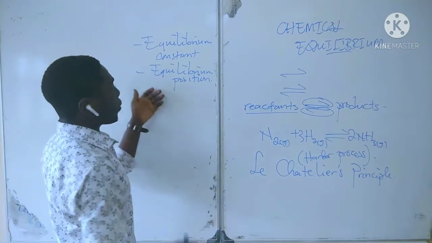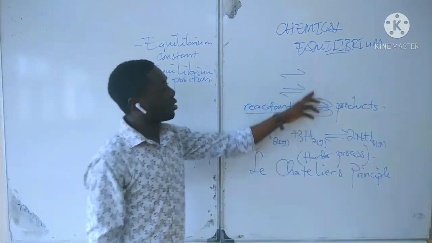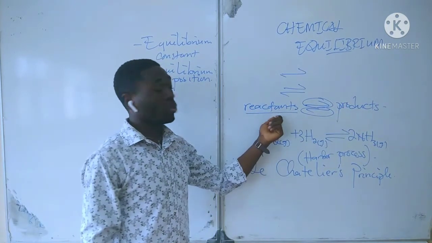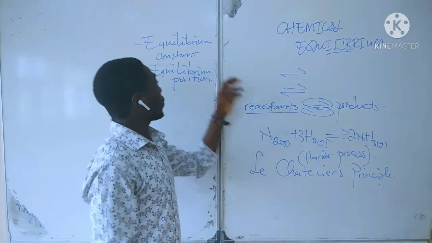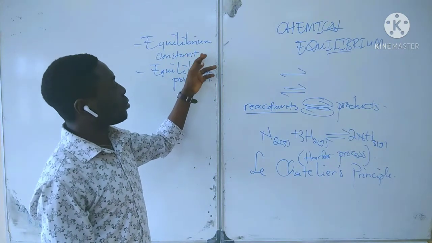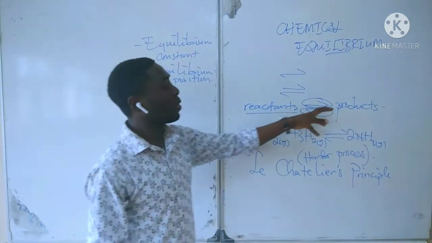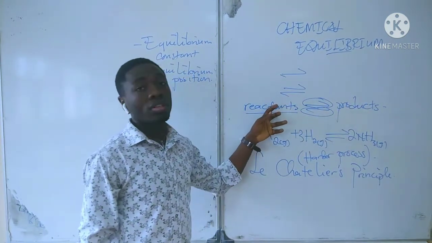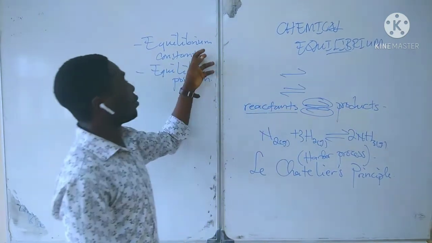So the position of the equilibrium will depend on whether it is a forward reaction which is being favored or a backward reaction which is being favored. But the equilibrium constant depends on the concentration of the products at a particular time and that of the reactants. That's what affects the equilibrium constant.